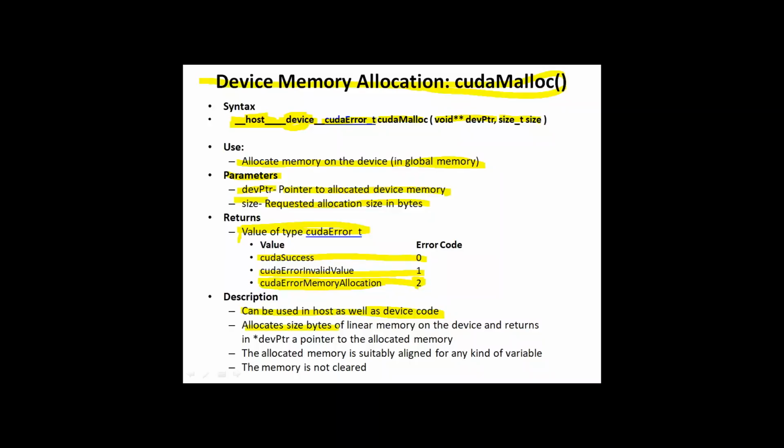It allocates size bytes of linear memory on the device and returns in *devPtr a pointer to the allocated memory. The memory is not cleared, just like the malloc function. The allocated memory is suitably aligned for any kind of variable.